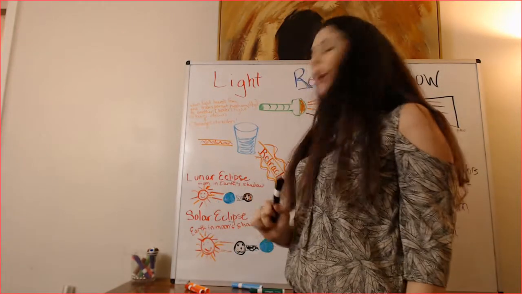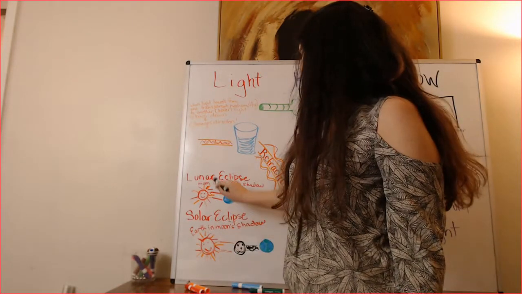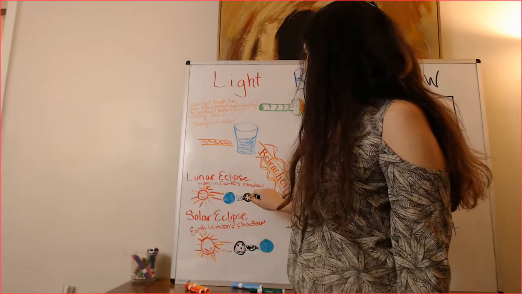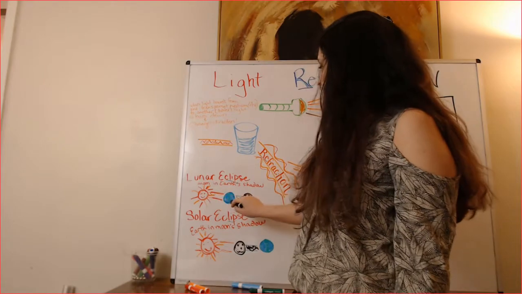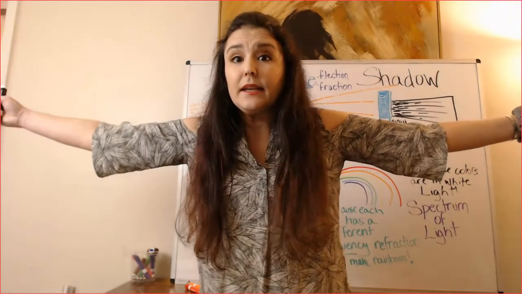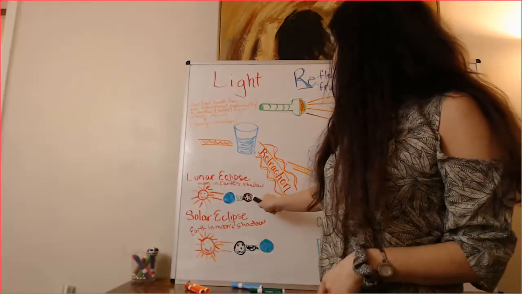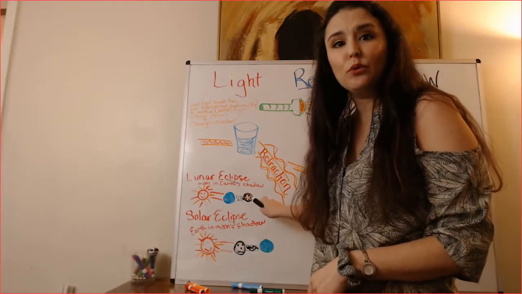They line up just right so that in a lunar eclipse, the moon falls in the earth's shadow. So the sunlight comes down, but the earth blocks it. And we can't see the moon.